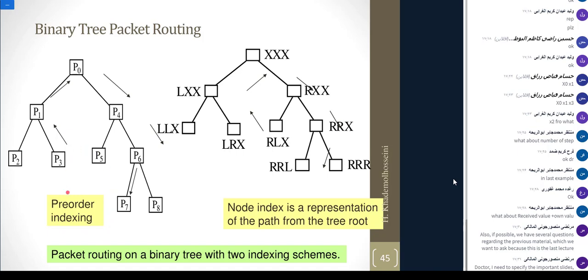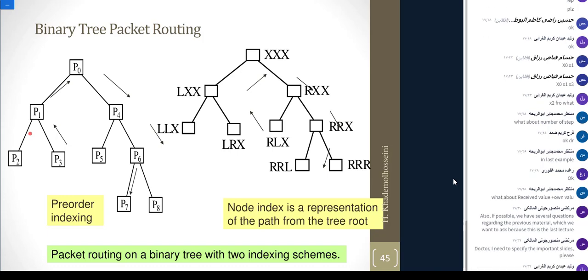Okay, what is this indexing? It is pre-order. As we talked about pre-order, we start from the root, then we go to the left subtree, and after the left subtree, we go to the right subtree. So we start from this point. We name it P0.